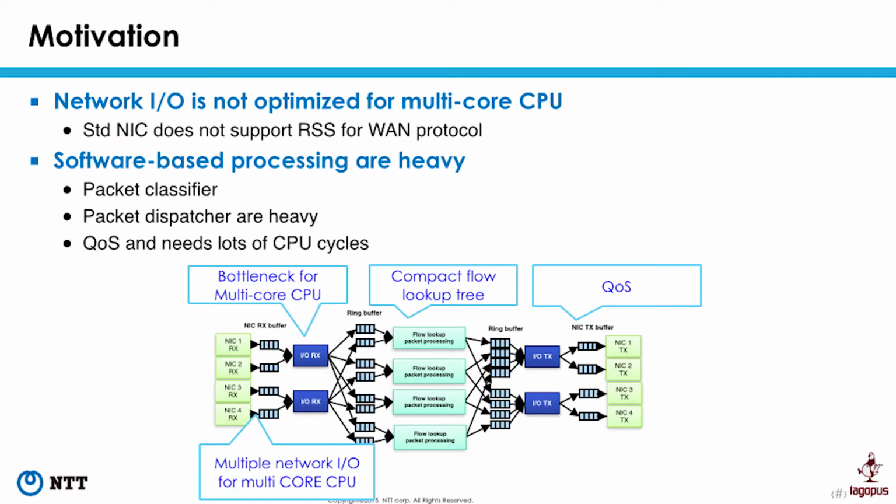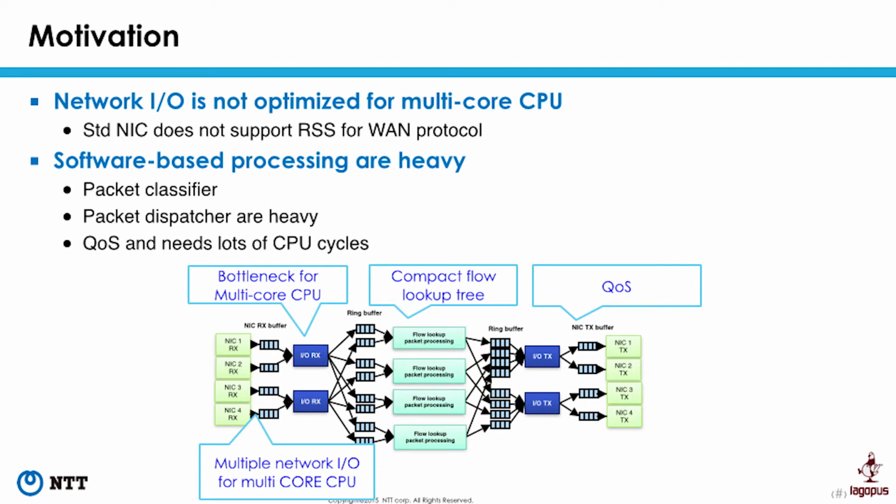But in our use cases, we have to support other carrier protocols such as MPLS and PBB, and the general purpose NIC does not provide RSS for them. That means we cannot leverage the hardware offload.